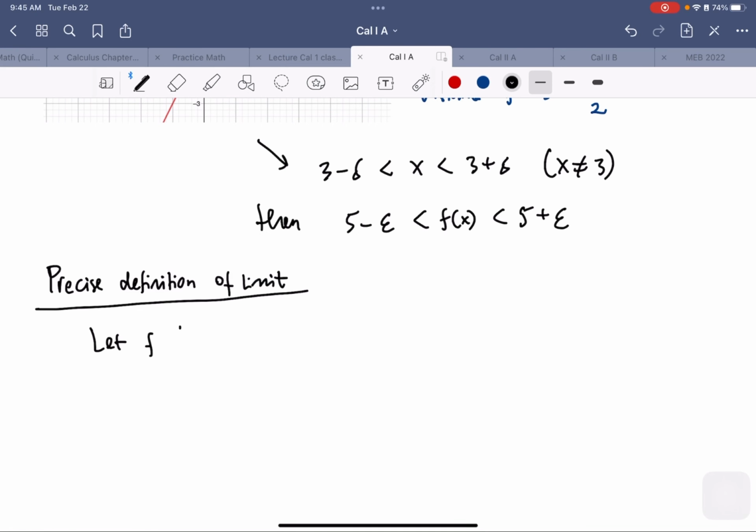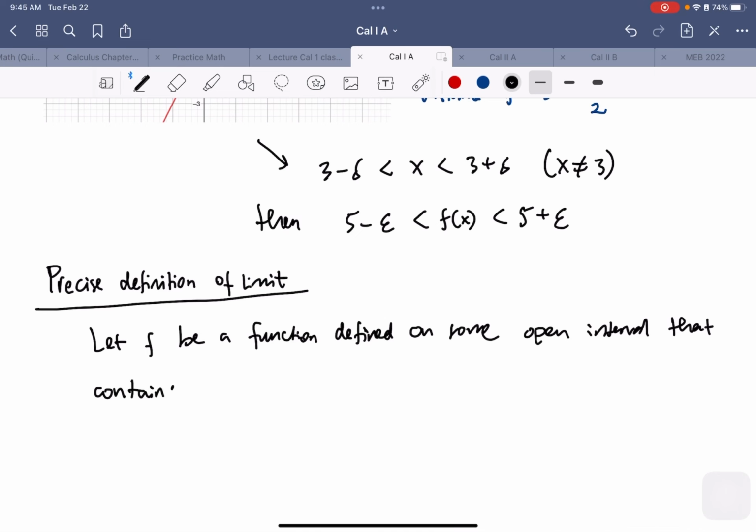Let f be a function defined on some open interval that contains the number a, except possibly at a itself.